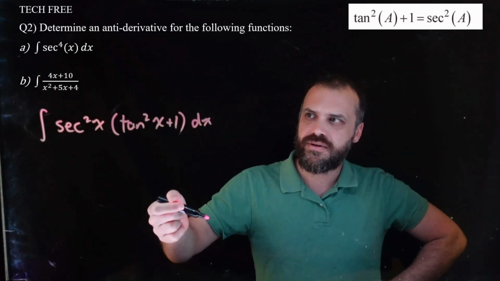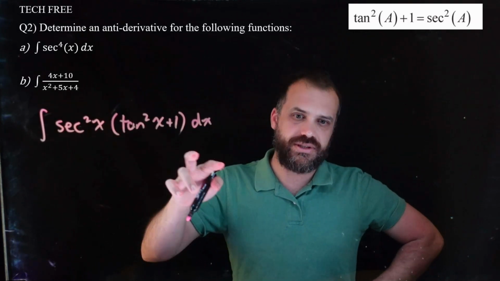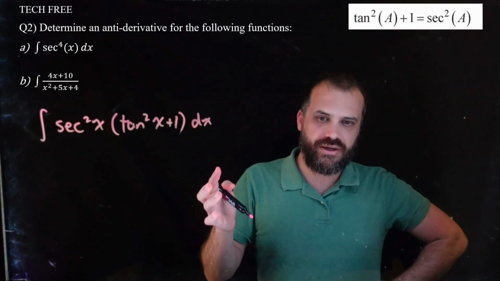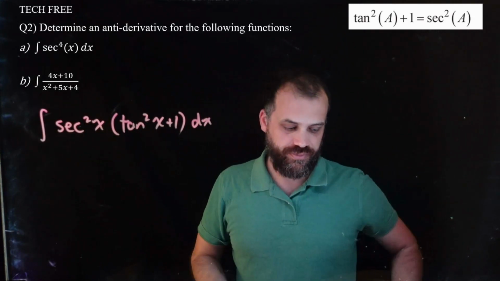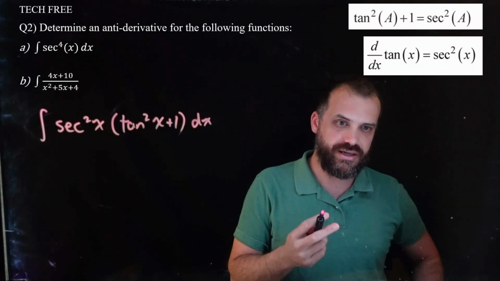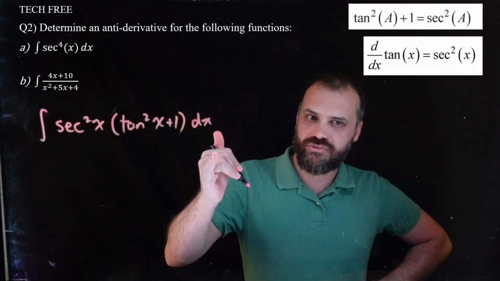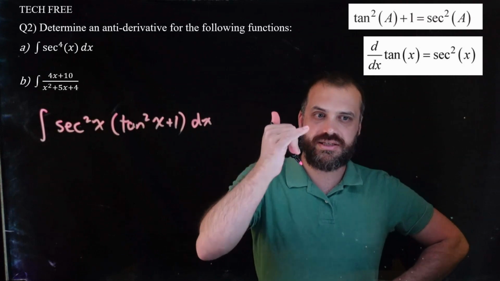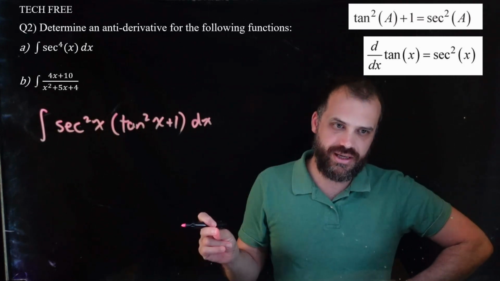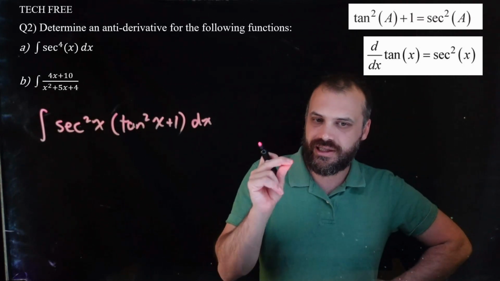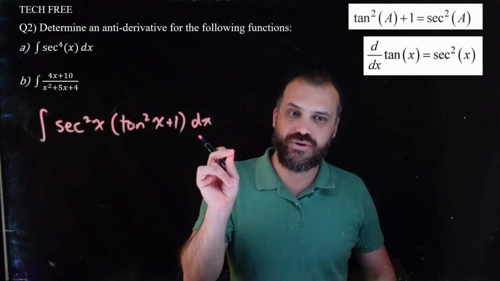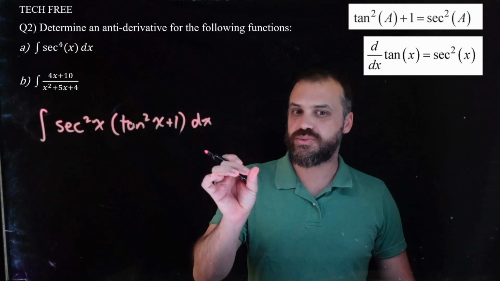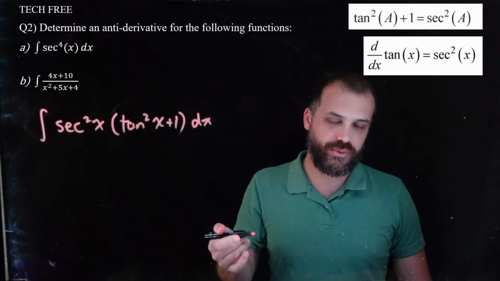I need two elements to do u substitution, one of which is the derivative of the other. And I have that here: the derivative of tan x is equal to sec squared x. So I can let tan x equal u. Let's see what happens when I let tan x equal u.